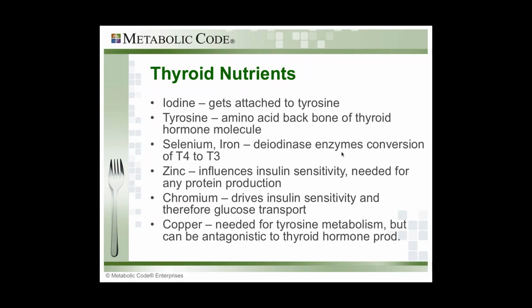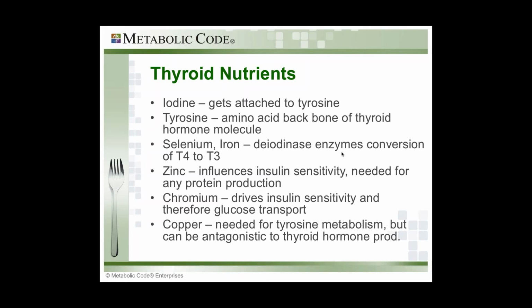Zinc is a key trace mineral that's almost always mentioned in relation to thyroid hormone production. It affects it in an indirect way by helping our insulin sensitivity, and also because zinc is so key for production of any protein molecule in the body, including thyroid hormones.